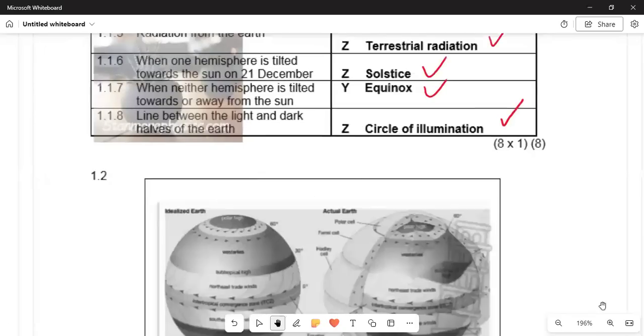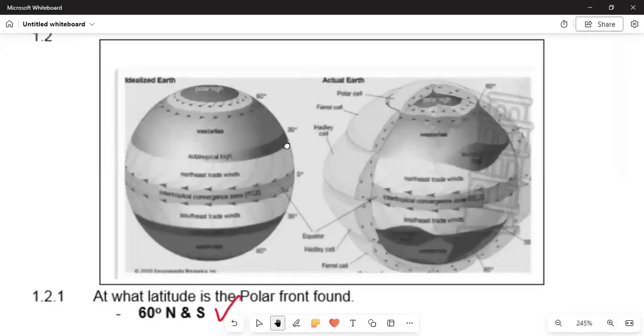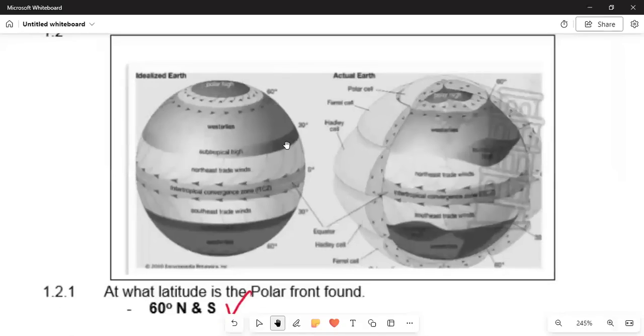If we zoom in properly here, we can see we are given the structure of the Earth. Number 1 here is an idealized Earth, and this is an actual Earth, containing the Ferrel cells and all, ensuring that there is circular air circulation.